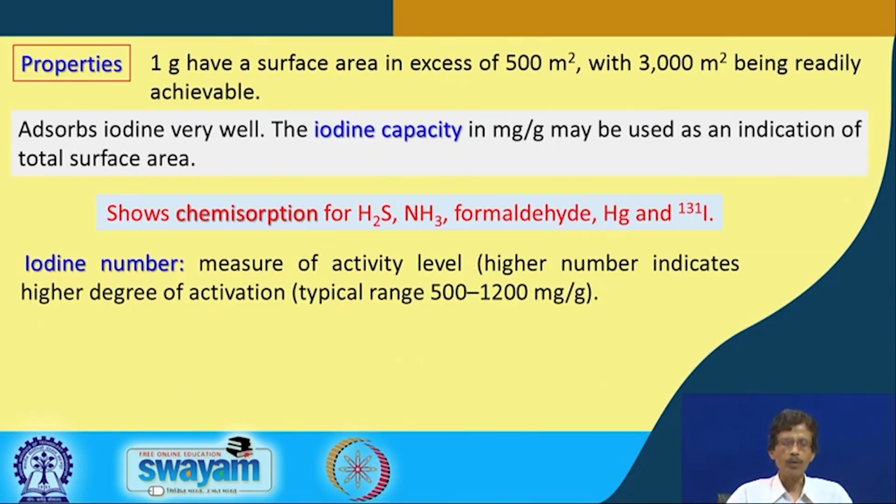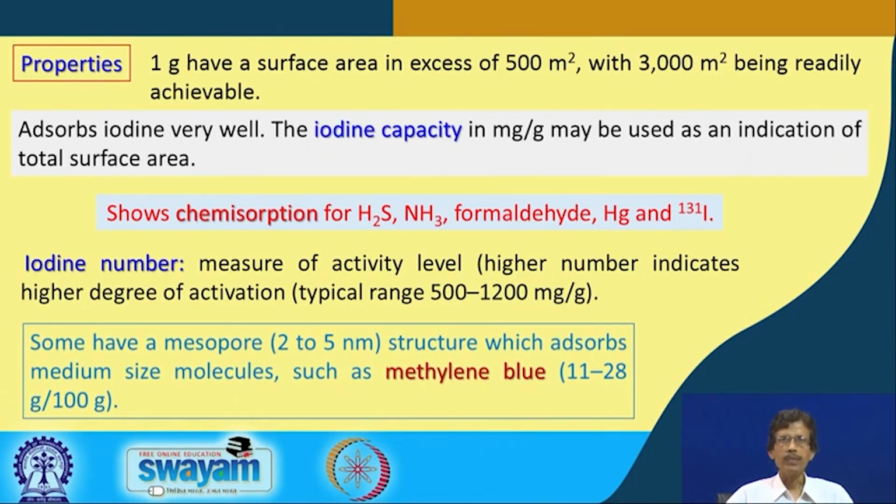Milligram per gram is the reporting unit, meaning that much iodine in milligrams can be adsorbed by the activated carbon material.